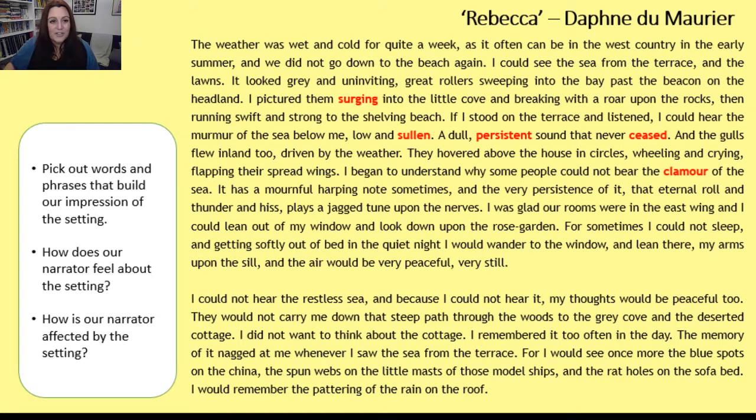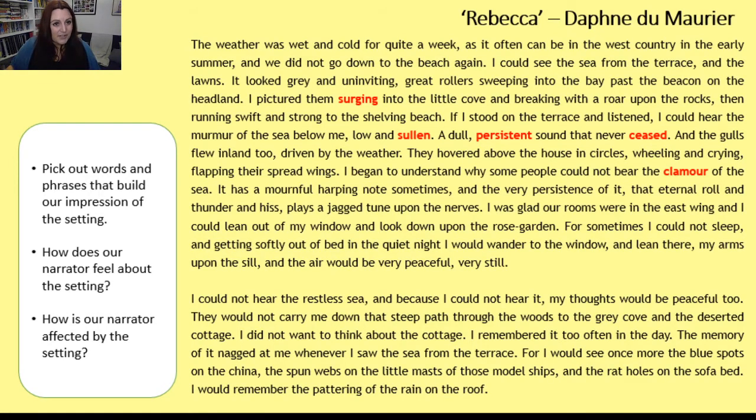So if I can just get you to have a look over here, you will see that we are looking at these things on the left hand side. So we're going to pick out words and phrases that build our impression of the setting. We're also going to look at how the narrator feels about the setting and how the narrator is affected by the setting.